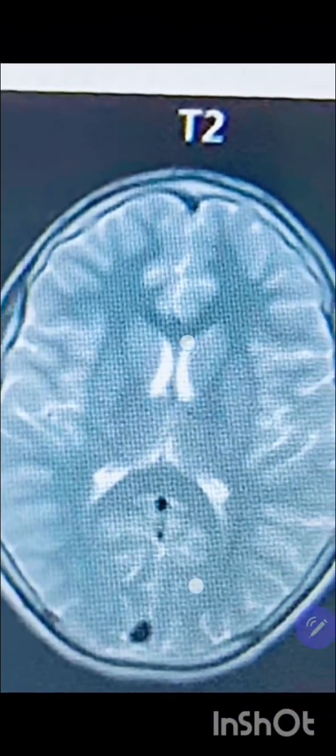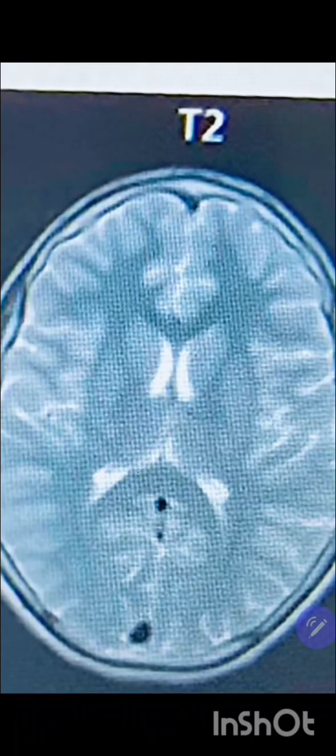So in T2 we can see the lateral ventricle cavity having the fluid with a white contrast, and on the periphery a thin layer of fatty tissue, again somewhat bright in color.